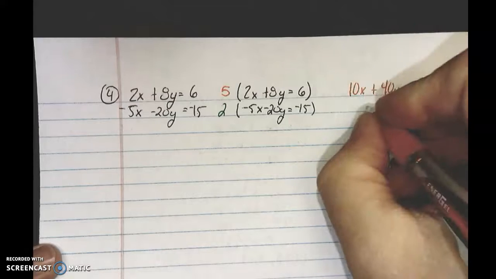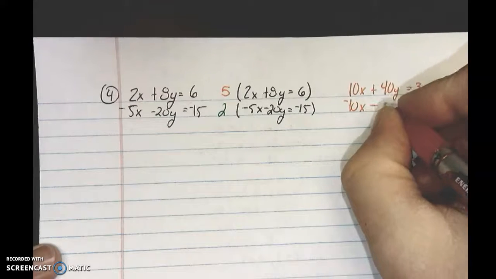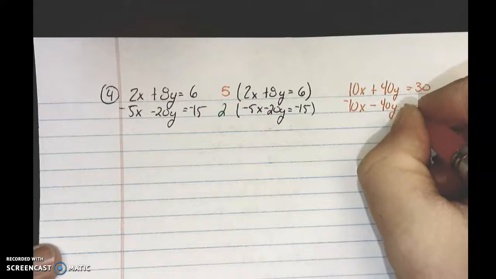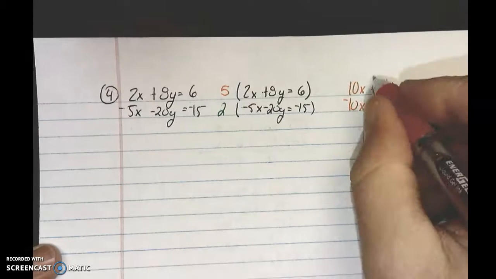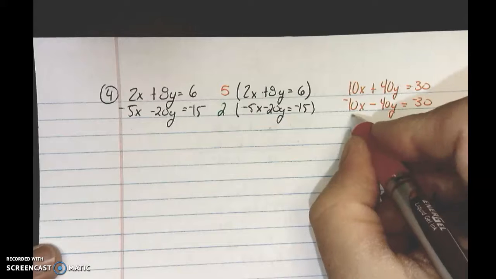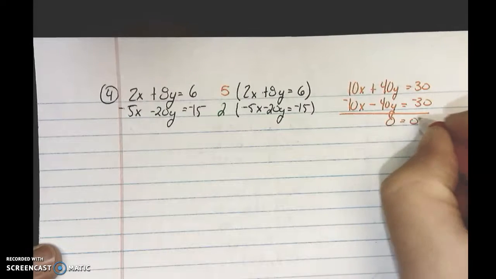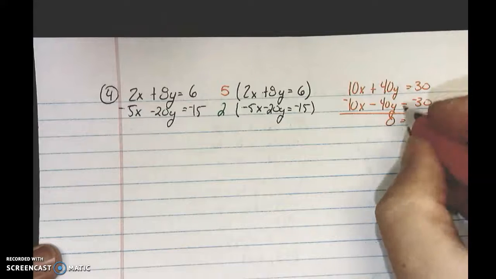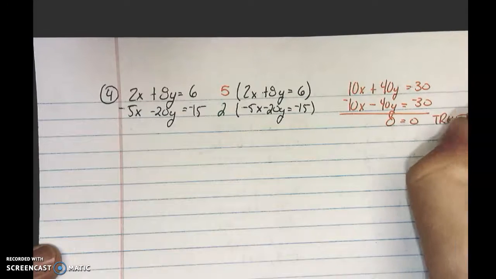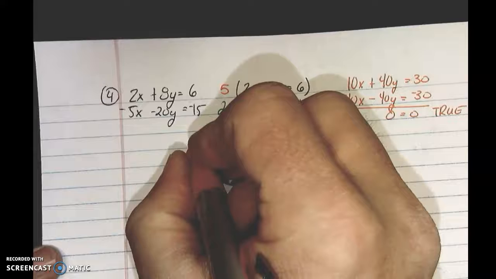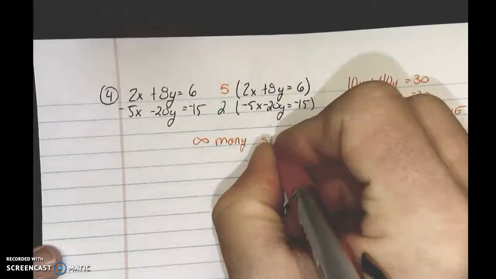And then I'm going to have negative 10x minus 40y is equal to negative 30. And you can see that they are all the same. So when you add them together, you get 0 is equal to 0. And if this is true, which it is, our answer is infinitely many solutions.